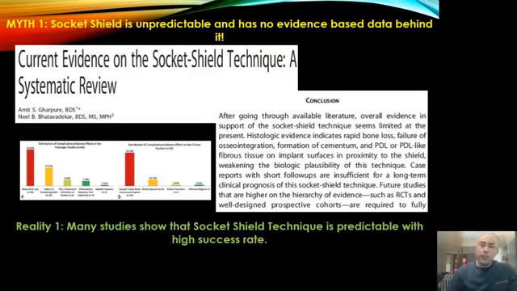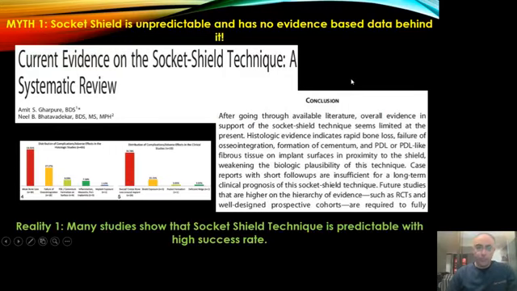Unfortunately, it is too early to have a systematic review at this point, especially with all the cases published only as case reports or case series, plus the power of a systematic review here, with a lot of papers coming from non peer-reviewed journals, is questionable. But we are open to more studies showing the predictability of the socket shield technique.